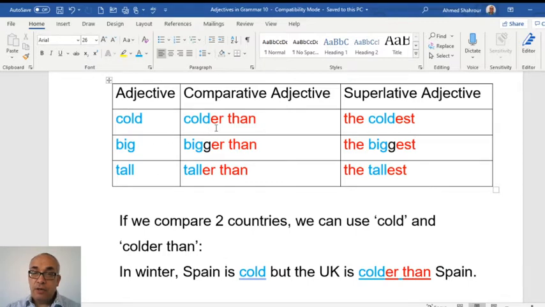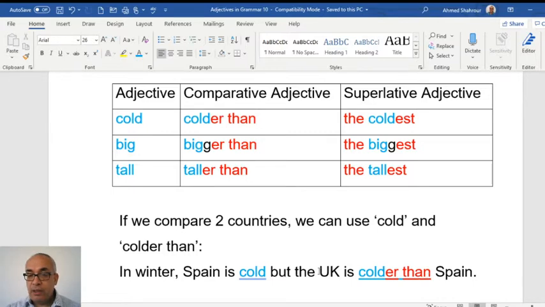The red will tell you what you can add to the adjective to compare things or people or animals or ideas. If we compare two countries, we can use cold and colder than. In winter, Spain is cold, but the UK is colder than Spain.